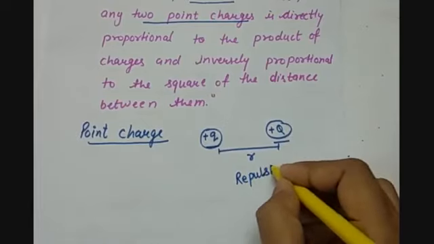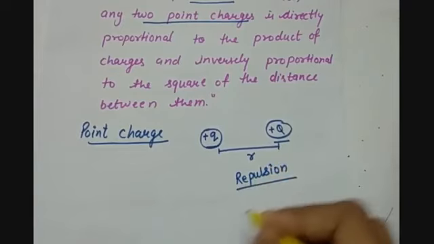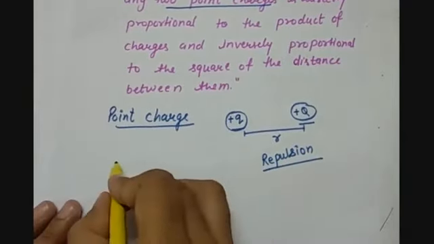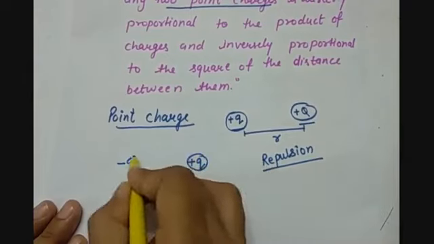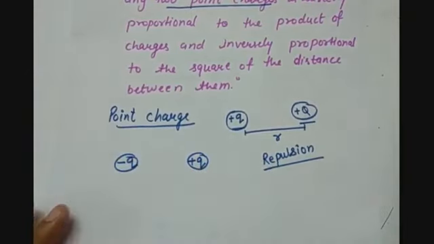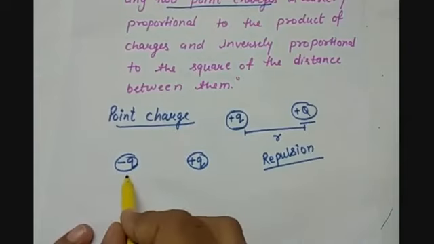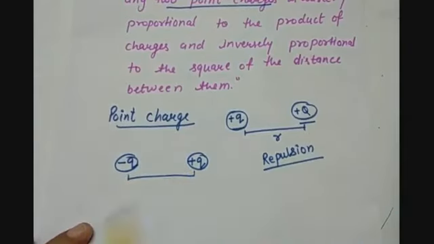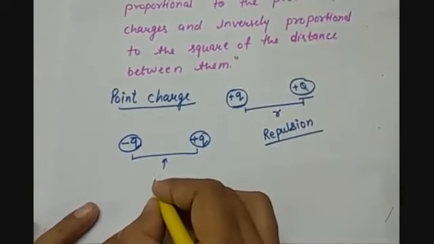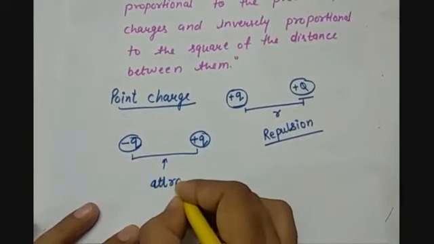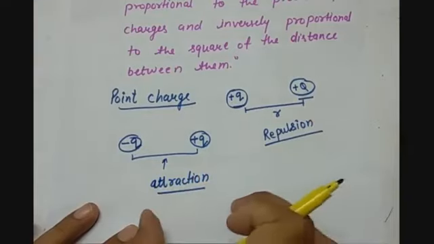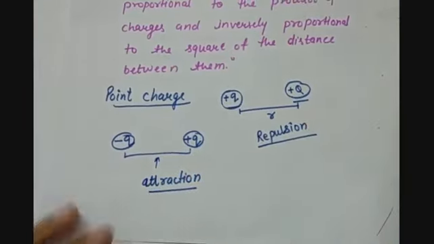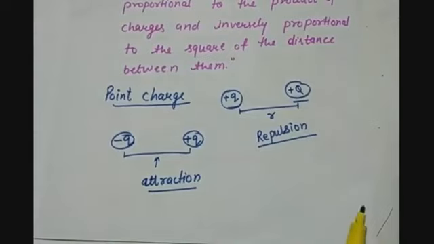But if we have minus Q and plus Q charge, then these are unlike charges, and unlike charges always attract each other. So here the interaction will be attraction. So attraction and repulsion are taken as interactions between two charged objects.